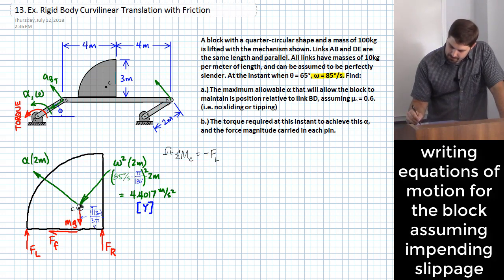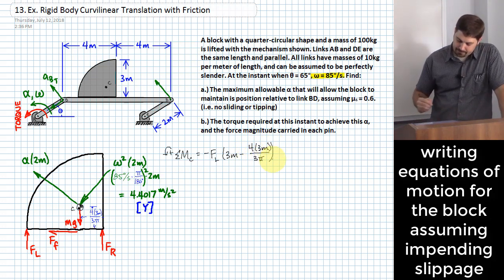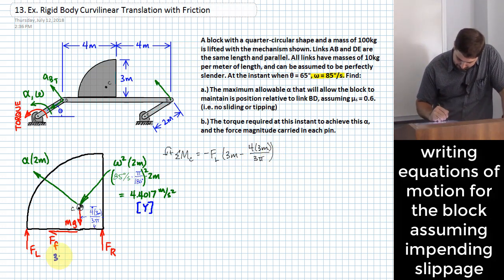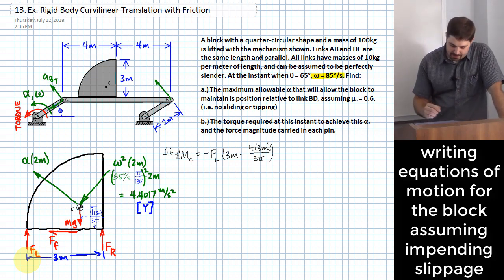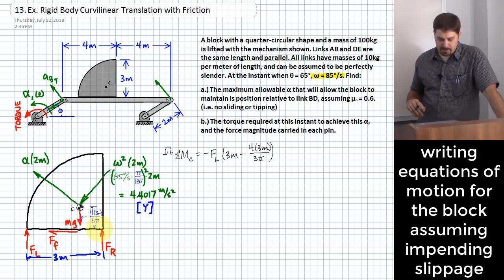Well, for this one, it's going to be 3 meters minus 4 times 3 meters over 3 pi. What you see there is that the overall width of this thing is 3 meters. If I take that 3 meters and subtract the amount I identified a second ago that gave me where that CG was, that gives me the length from the line of action of FL to the center of gravity of the block.